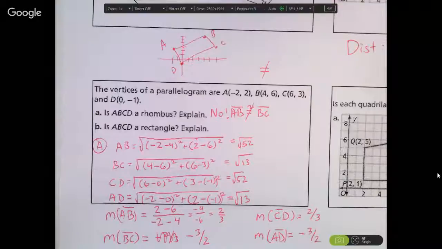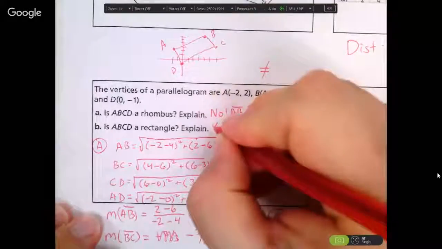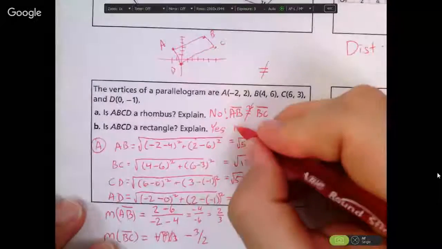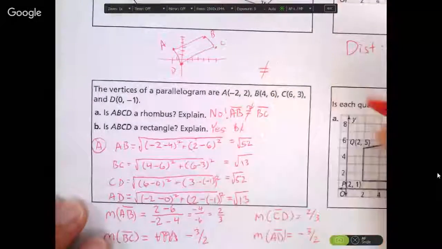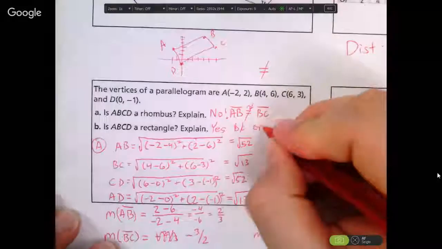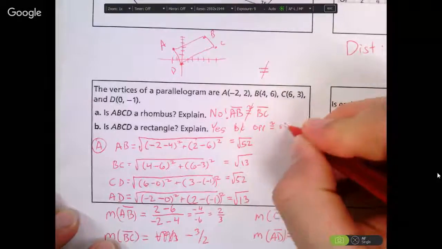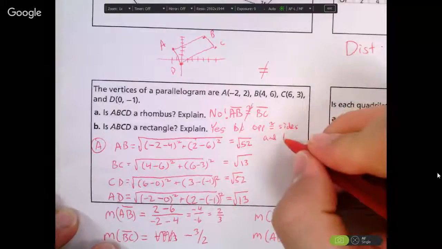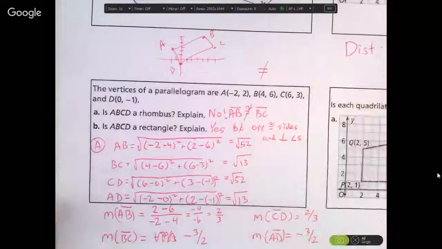Yes. We don't have to explain it. Okay, opposite congruent sides and perpendicular angles. Is that okay?